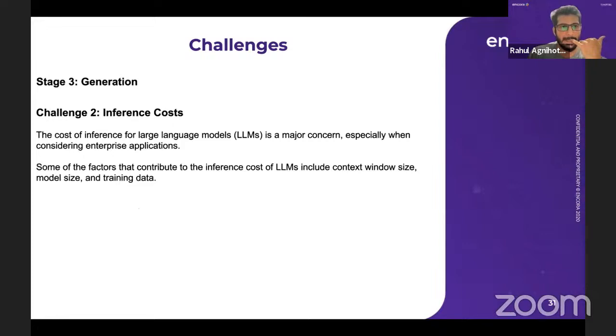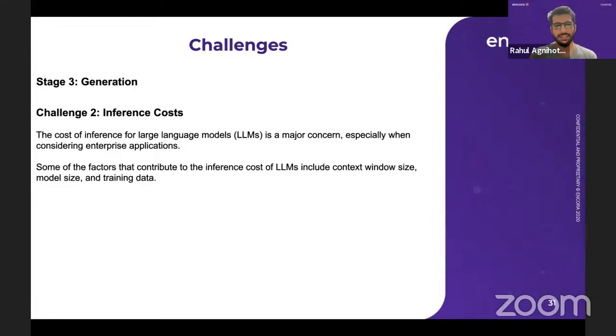The second challenge at the generation time will be inference cost. While you're deciding which model you're going to use, it will also impact the cost of the infrastructure. For instance, a larger model, for example GPT-4o, is always going to be more capable, but it may cost 10 times more than the next best model, for example GPT-4o mini.